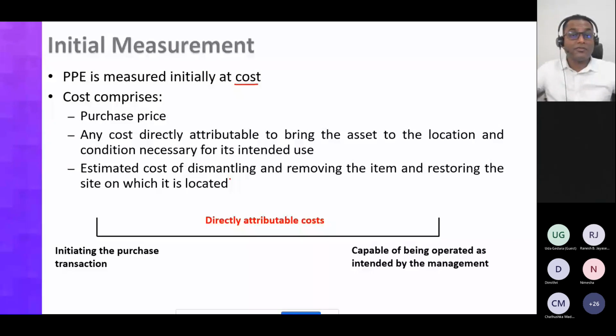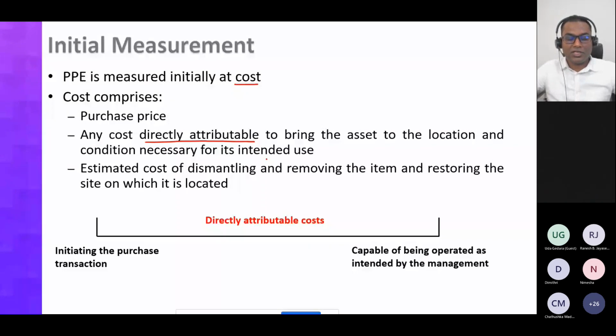Then cost comprises three things. Number one, purchase price. So if I take a machinery, before moving to this particular question, if I take a machinery which I import from a foreign supplier, let's say from Germany, so I have a purchase price. Then any cost directly attributable to bring the asset to the location and condition necessary for the intended use.